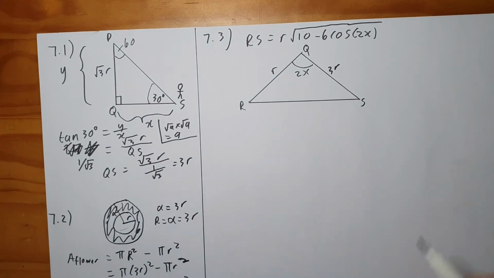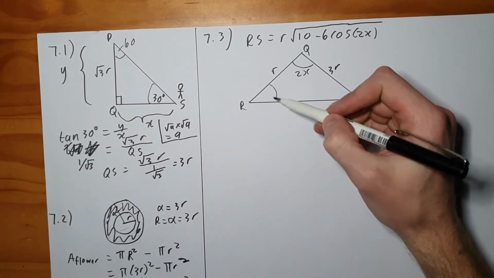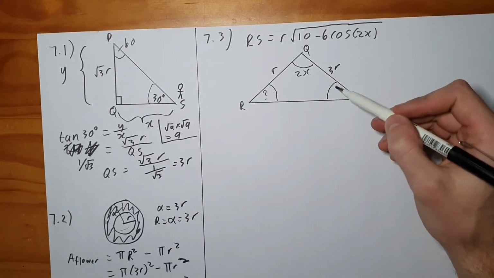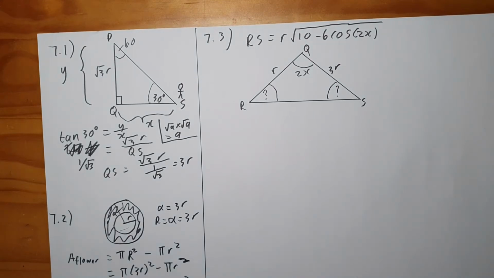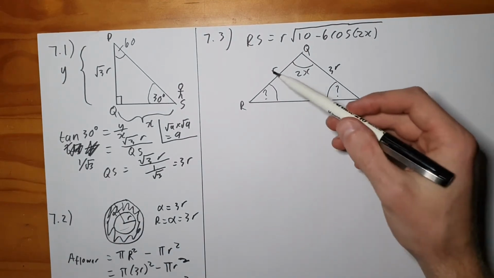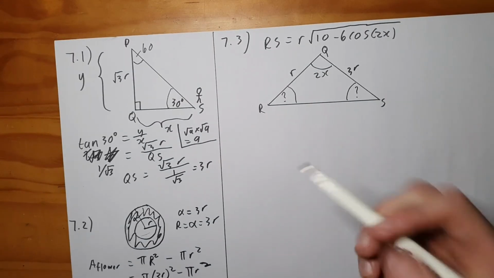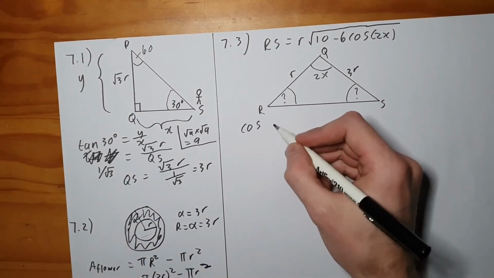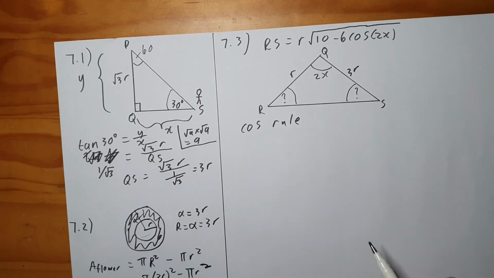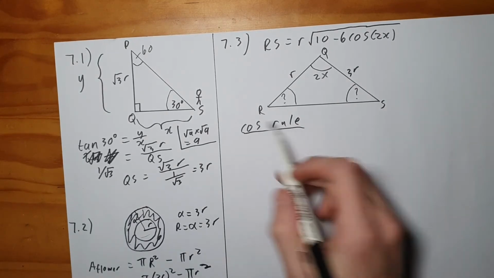Okay, and note that I don't have this angle and I don't have this angle, so I can't use the sine rule. But I have two sides and one angle, which means you should be thinking of the cos rule. So I'm going to use the cos rule to find RS.